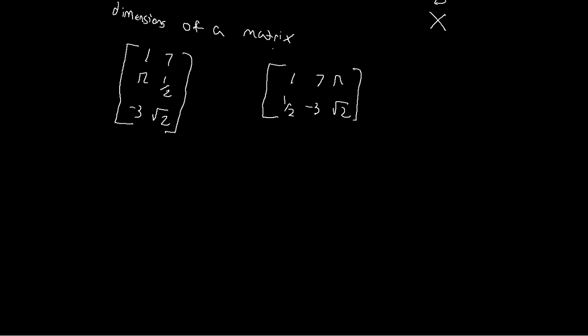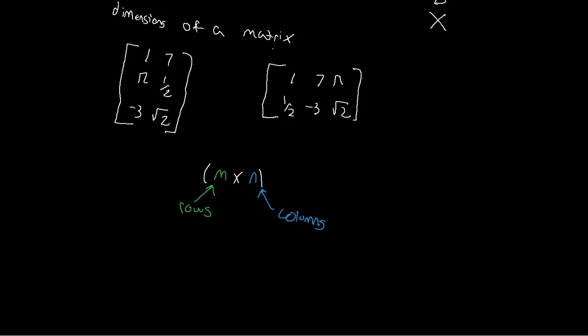So the dimensions of a matrix are always going to be m by n, where m is the rows and n is the columns. Okay, m by n. M is rows, n is columns.